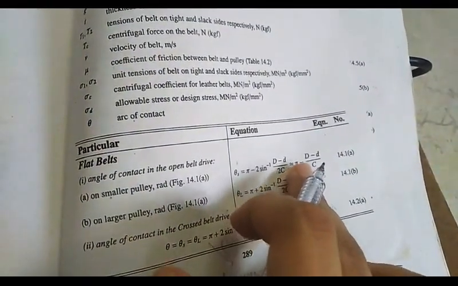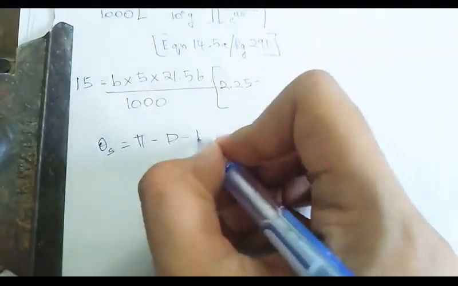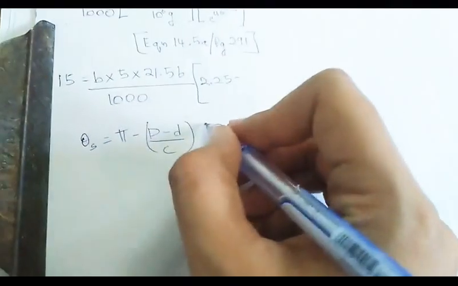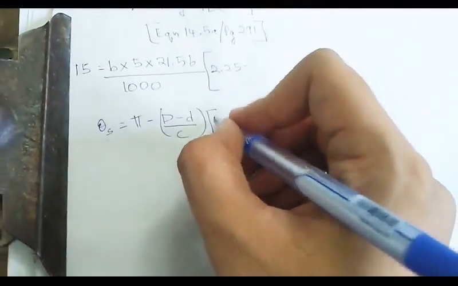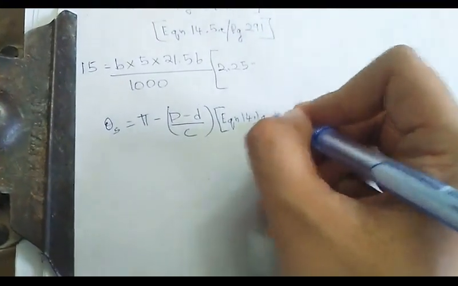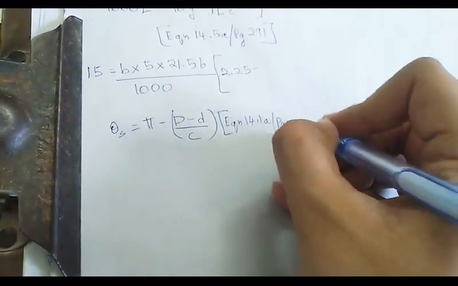We shall take pi minus D minus d by C. So this is equation 14.1A, page number 289.